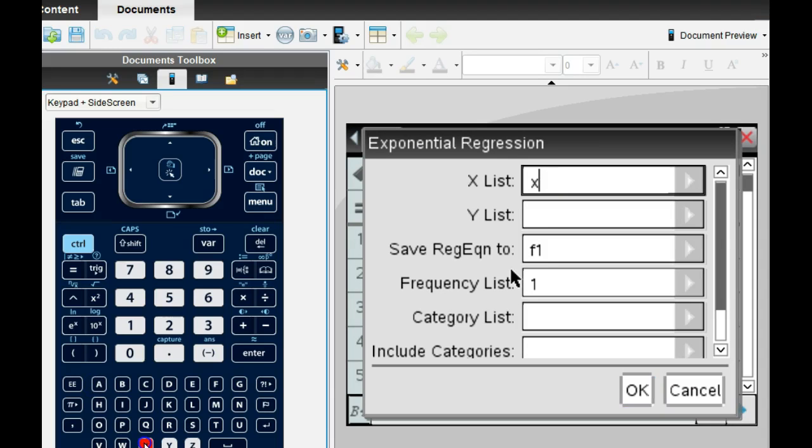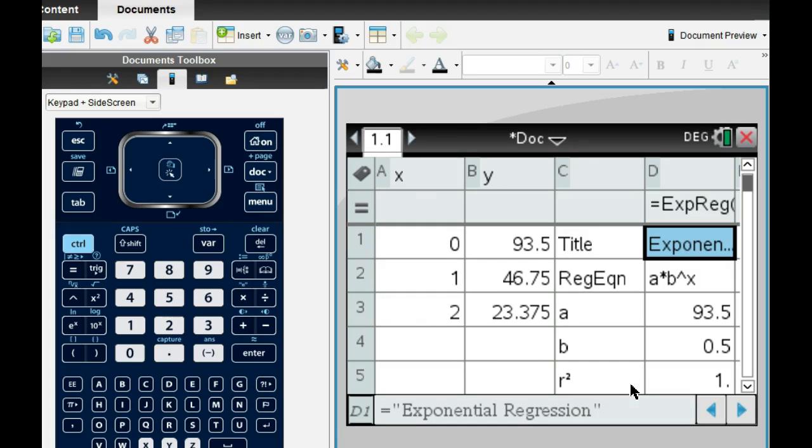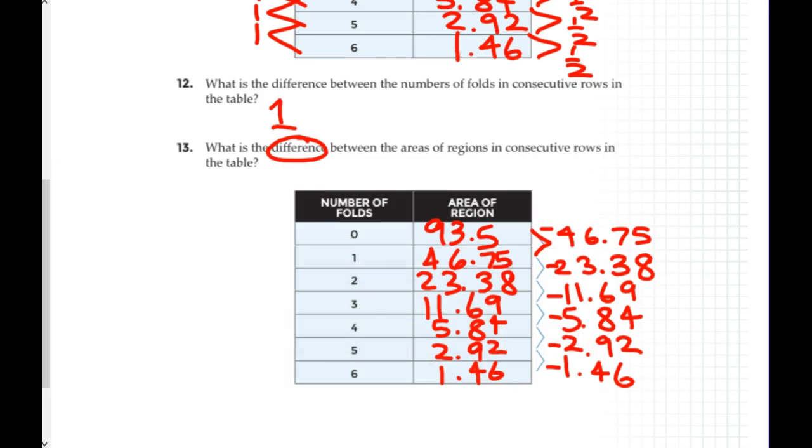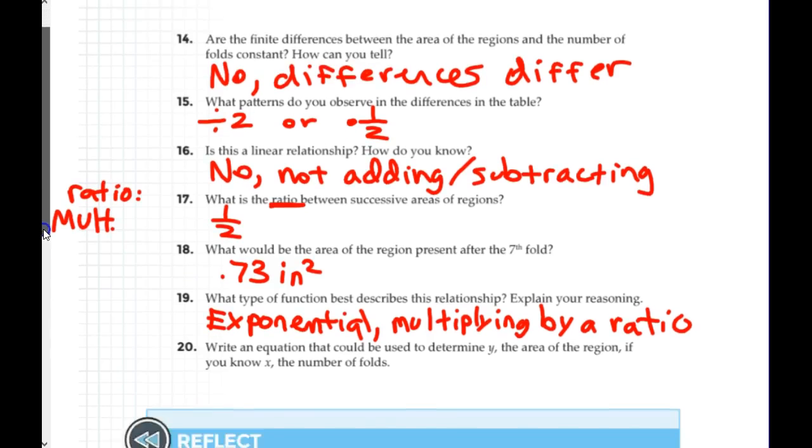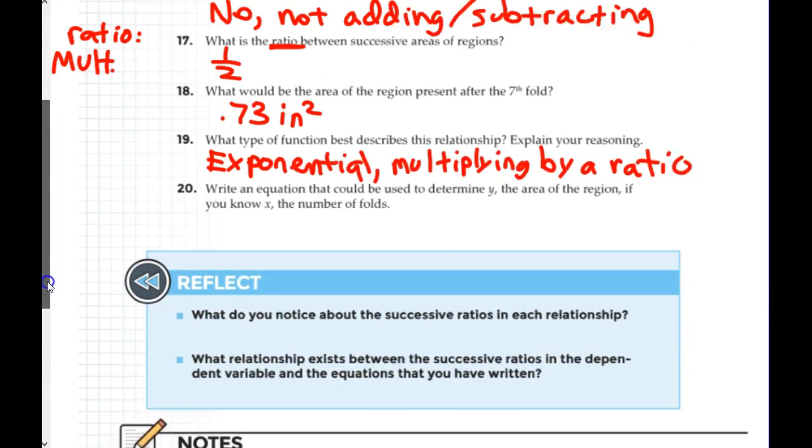A for exponential. X is x, y is y. And there you go. Remember how you write it. A times b to the x. So 93.5 times 0.5 to the power of x. Okay? Let's write that down over on number 20.